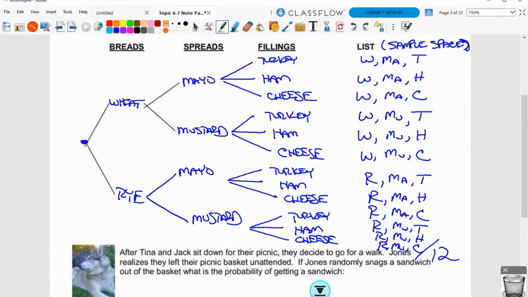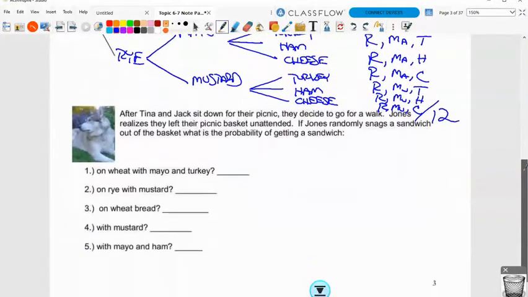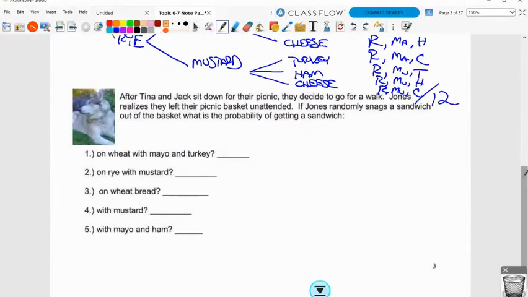The very top one right here has wheat, mayo, and turkey. Remember that probability is a fraction. It's the number of items that you want over the total number in your sample space. There was only one sandwich that was wheat, mayo, and turkey out of the possible 12 sandwiches that we could make. So the probability of getting this sandwich is 1 out of 12.